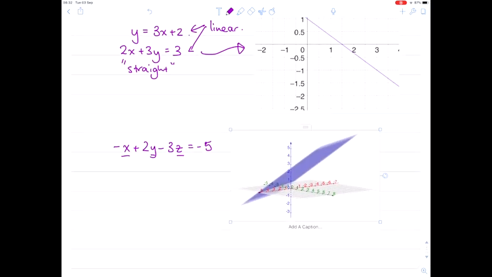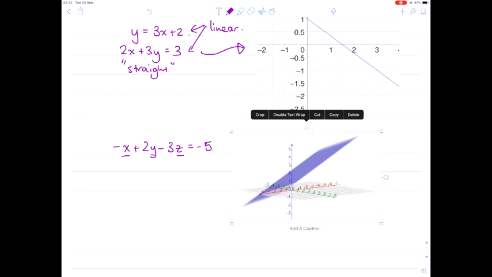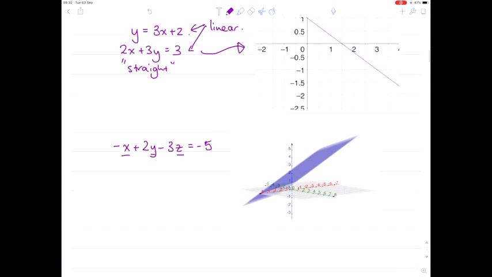So here we've got, this is our x direction, that's our y direction, and that's our z direction, and this blue thing over here is the plane that has this equation. And this is where our notion of flat comes from, because a plane is flat. It doesn't have any curves or bends in it.